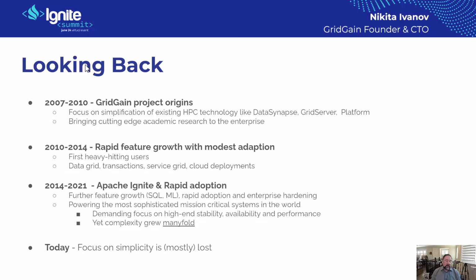That original focus really gave GridGain a certain boost and initial growth. And by the time the project joined Apache Software Foundation, it was already experiencing rapid feature growth. The project already had a number of pretty heavy-hitting users, pretty significant workloads, and it started to grow in features. And this is the time when I believe the focus on simplicity really started to dwindle.